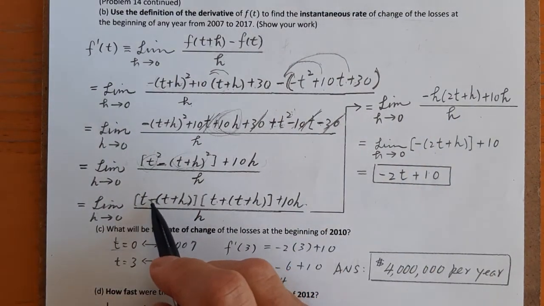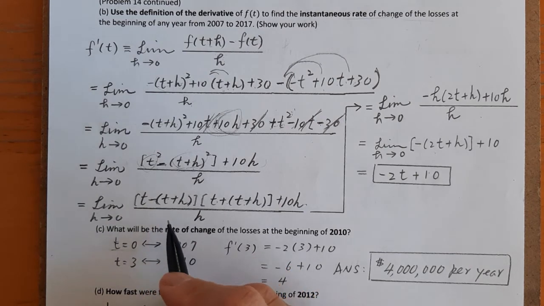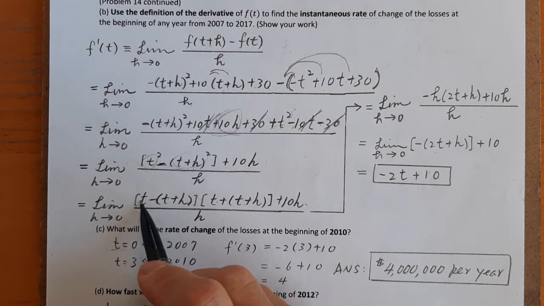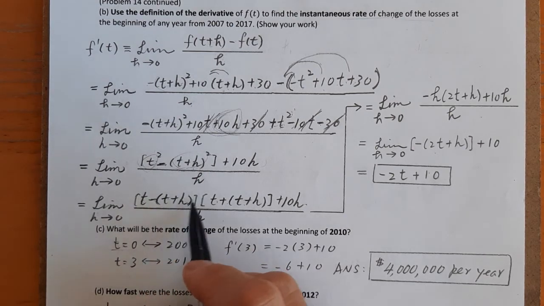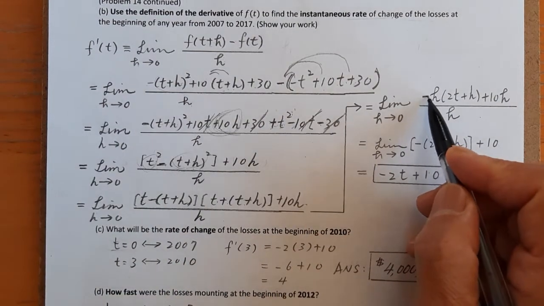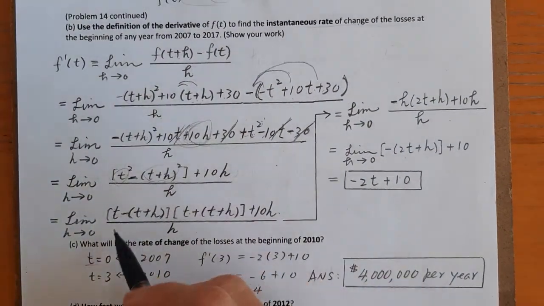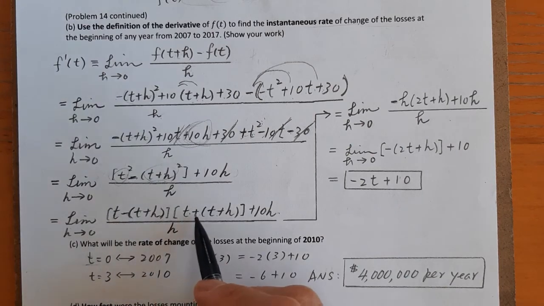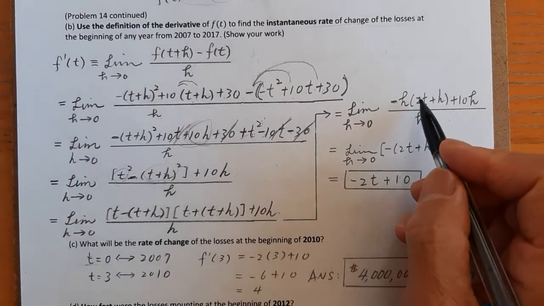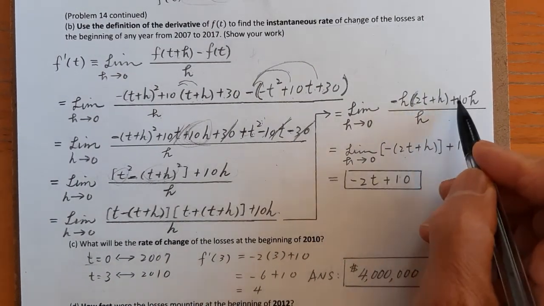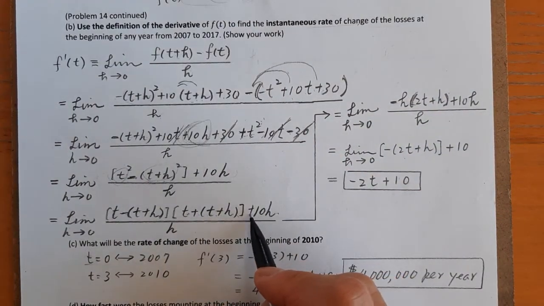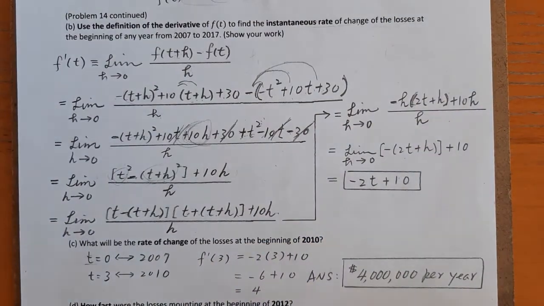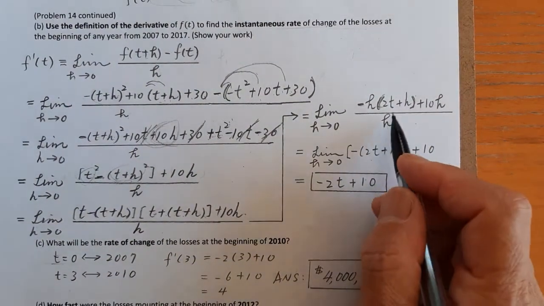Numerator: t minus t is 0, minus h is negative h. So here it is negative h. t plus t is 2t plus h, so 2t plus h, plus 10h. Then divided by h.